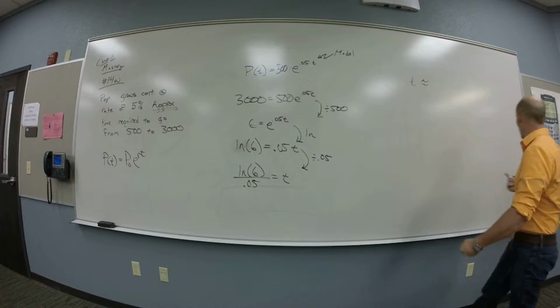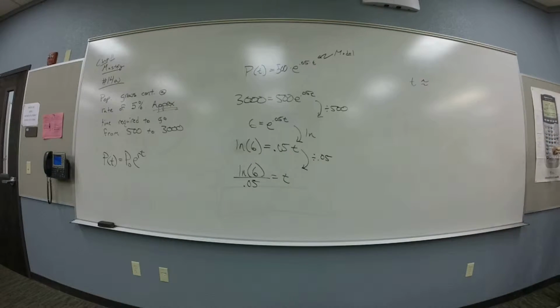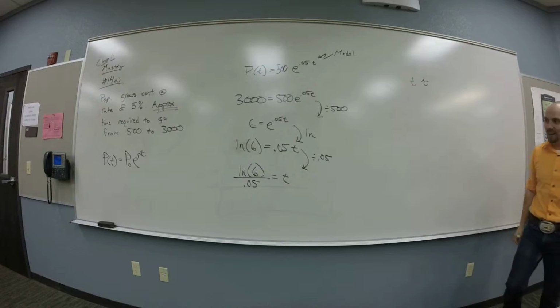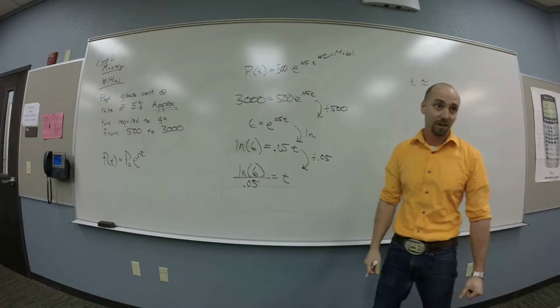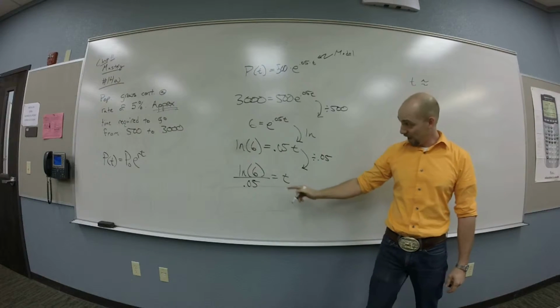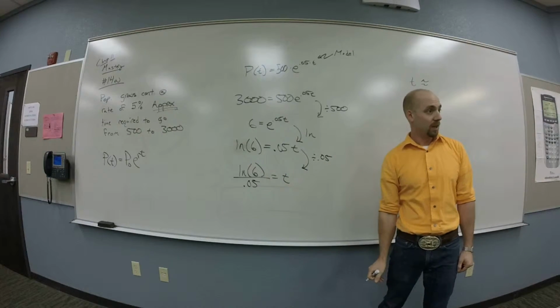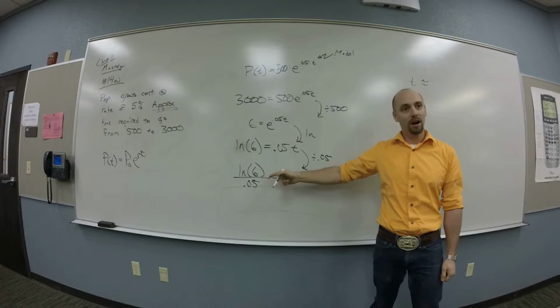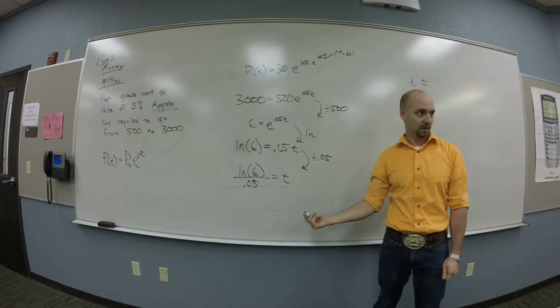Okay, so I need a log button, right? And there's 2 log buttons on my calculator. There's a base 10 log and a ln button, right? So on this one, I need the ln button because I'm doing a natural log. So I push the ln button, I push 6, and then if I'm going to put the divided by in there, I need to close that parenthesis.